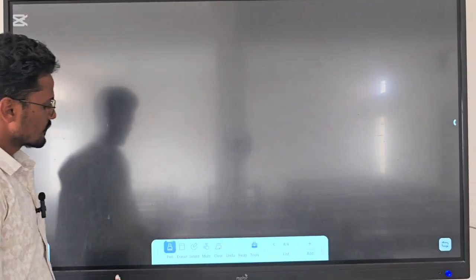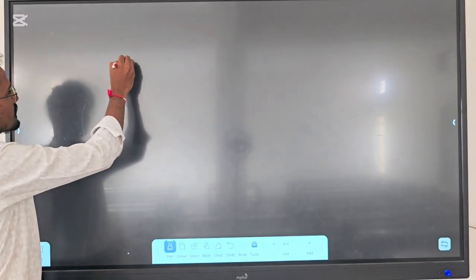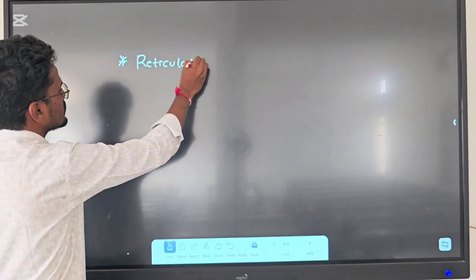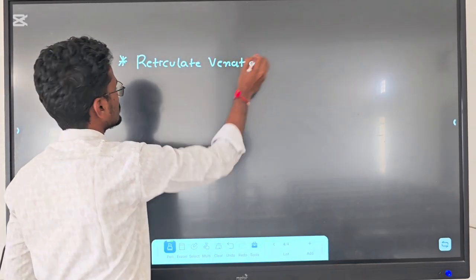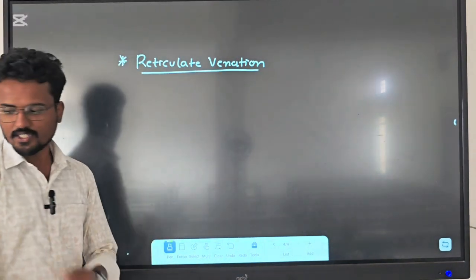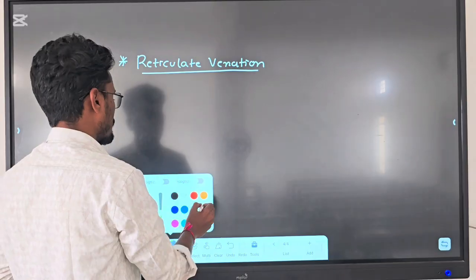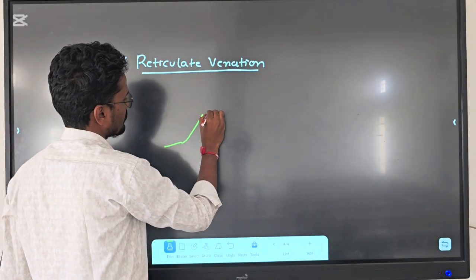So the first type is reticulate venation. Here we'll draw one typical example for a leaf.